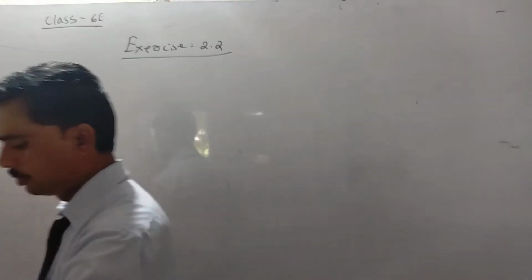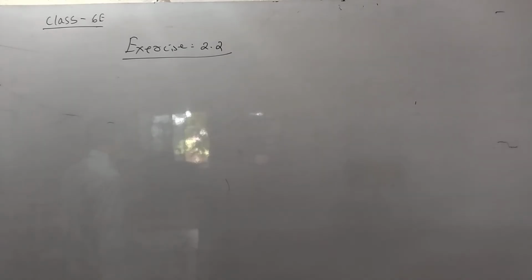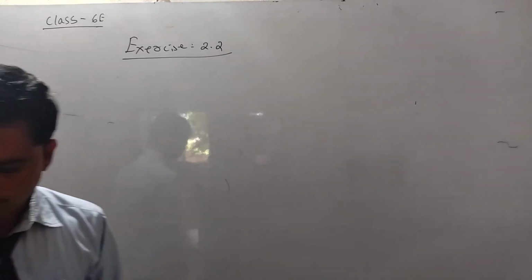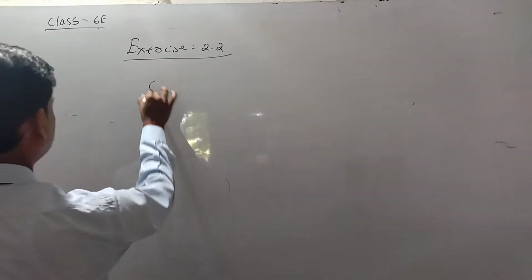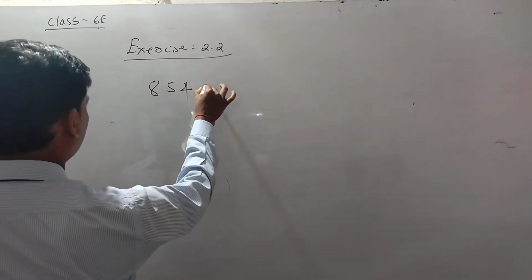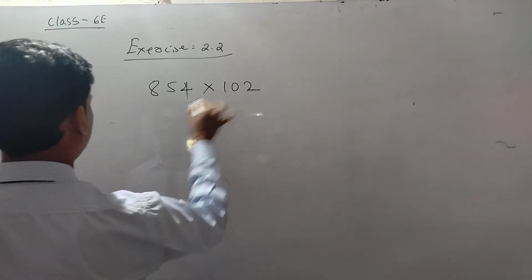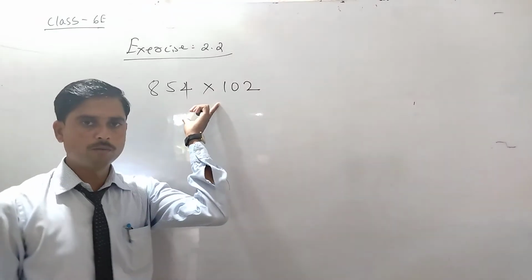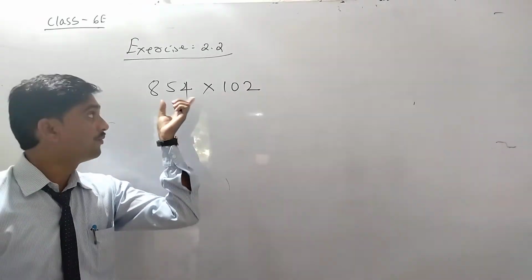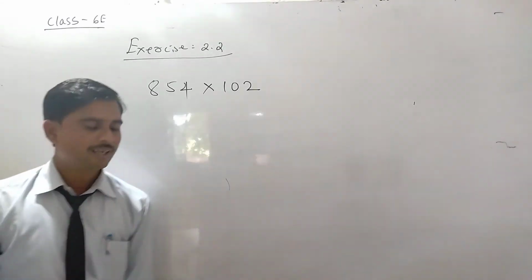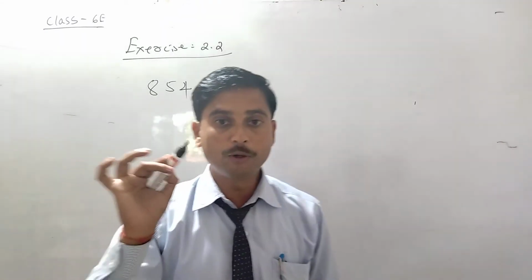Okay, now dear students, we are going to discuss another problem. 854 multiplication 102. This is the given problem. Which property is suitable for this problem? Okay, already I discussed it, the distributive property.